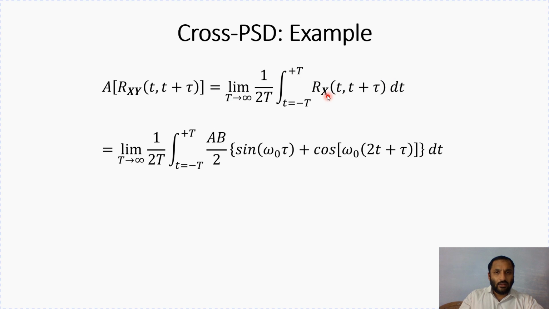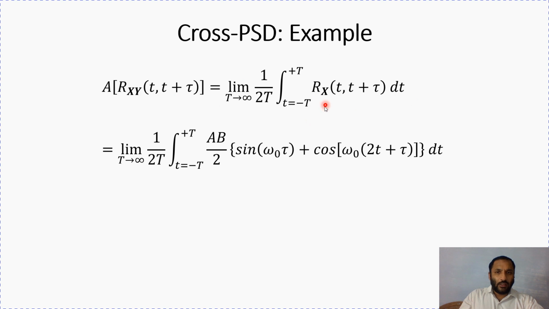Apologize, this has to be R xy. So here the time average is nothing but this integral applied on whatever is inside this square bracket, which is R xy of t comma t plus tau dt.